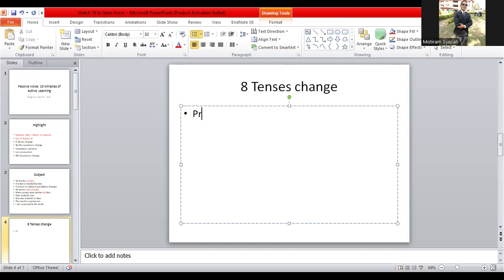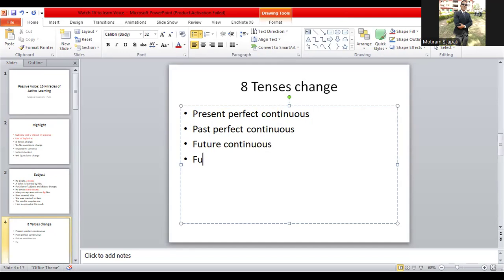Because present perfect continuous, past perfect continuous, future continuous, and future perfect continuous, these tenses don't have passive voice. So we need to learn only 8 tenses.